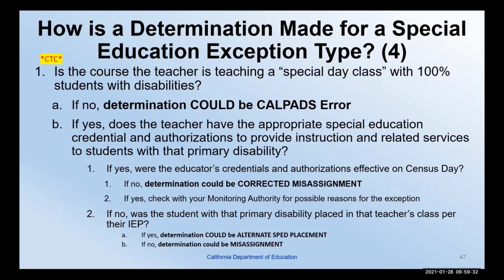So further information related to the alternate SPED placement can be found within the CalSAAS resources that are linked on slide 17. But as always, questions related to specific exceptions should really be addressed with your monitoring authority to ensure that all the details are discussed.